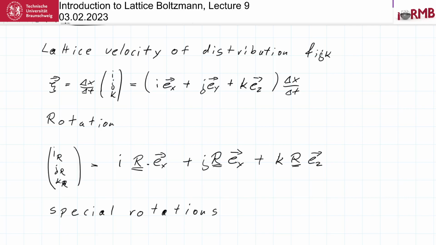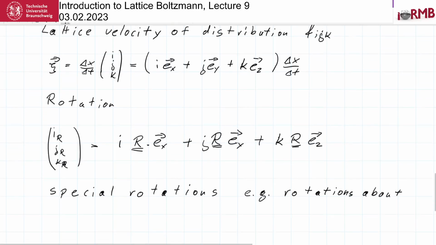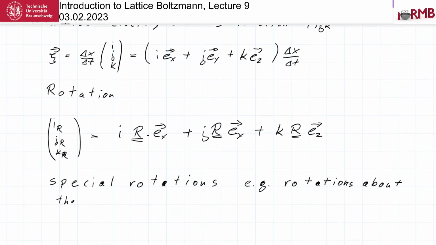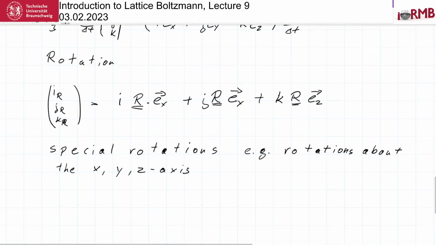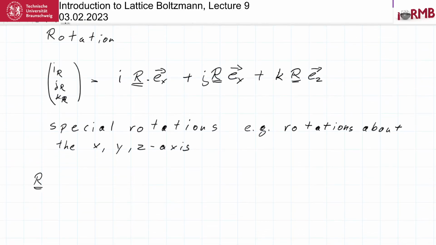So for example, if we look at special rotations, for example, rotations about the x, y, and z axis, then you just get, for example, we call this Rx, because we're going to need this, by which we mean the rotation around the x-axis.